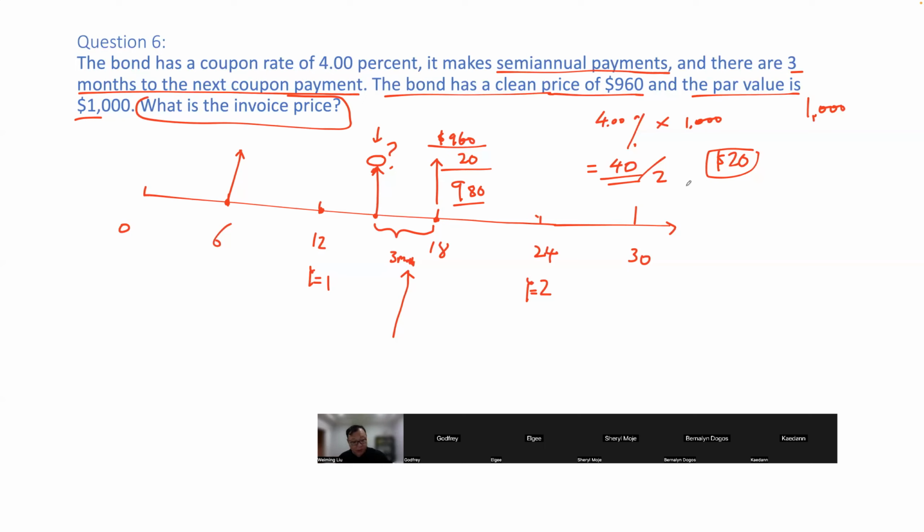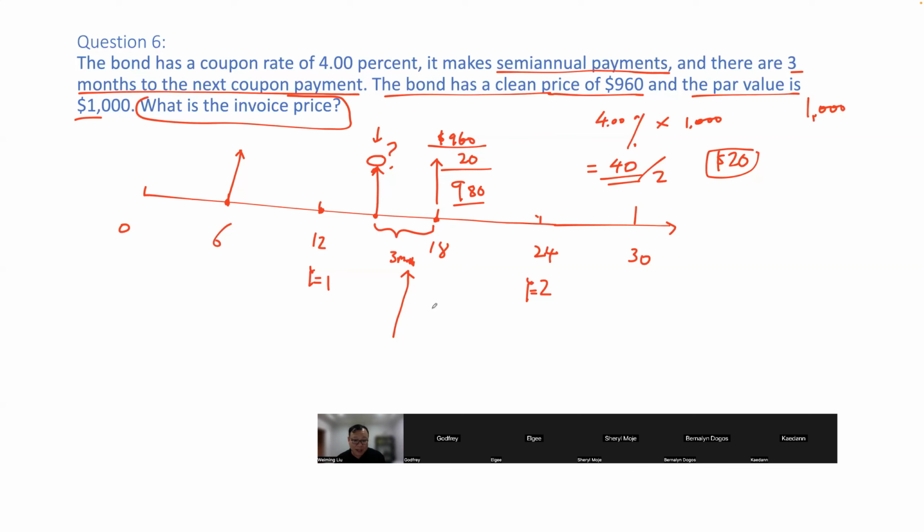So the buyer has to give half a year of the property tax credit to the seller, right? Because the buyer will be responsible for the second half of the year's property tax, which has already been paid by the seller. So this is the same idea, okay?